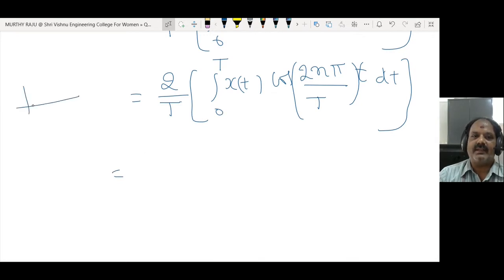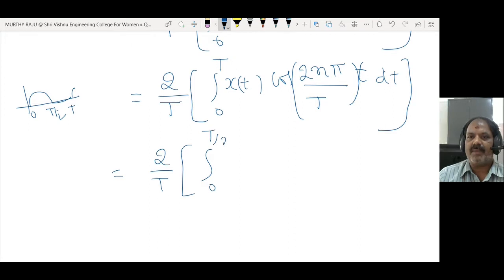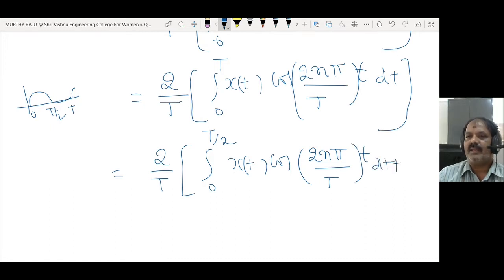Again, in the interval 0 to T by 2, x of t has some value, and in the remaining interval T by 2 to T, the value is 0. The waveform is not maintained there. So the integral is 0 to T by 2 of x of t cos 2n pi by T t dt, and the remaining interval T by 2 to T, where x of t is 0.